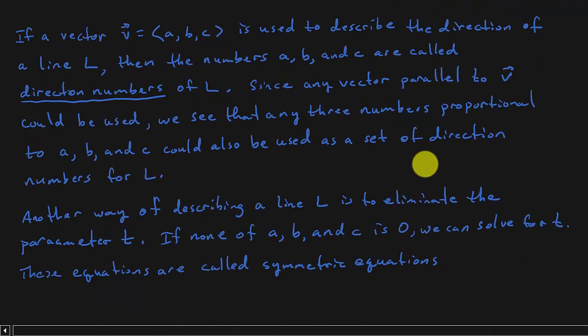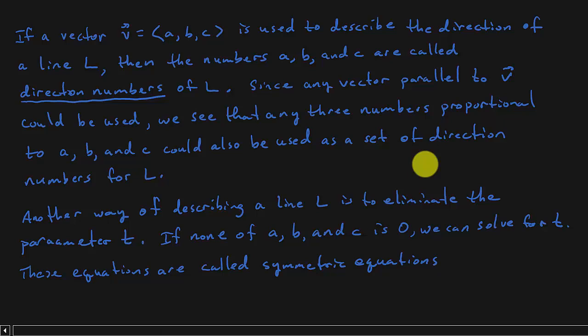Now let's look at this. If a vector v = ⟨a, b, c⟩ is used to describe the direction of a line L, that's your parallel vector, then the numbers a, b, and c are called direction numbers of L. Since any vector parallel to v could be used, we see that any three numbers proportional to a, b, and c could also be used as a set of direction numbers for L. Another way of describing a line is to eliminate the parameter t.